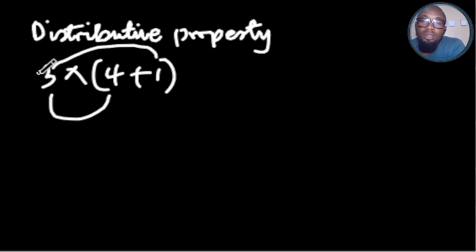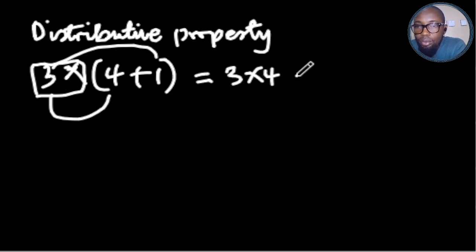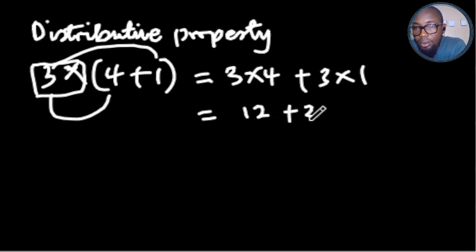So you are distributing the product of these three between what? 4 and 1. Distribute 3 times 4. This will give us 3 times 4 plus 3 times 1. This is going to give us 12 plus 3, which is what? 15.